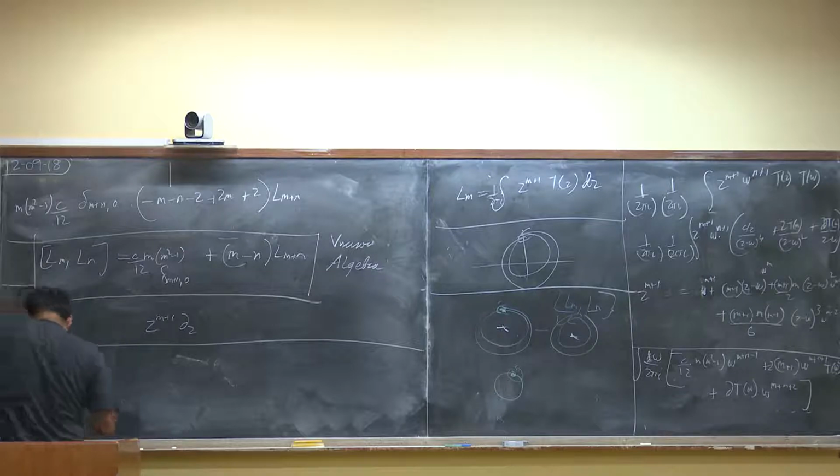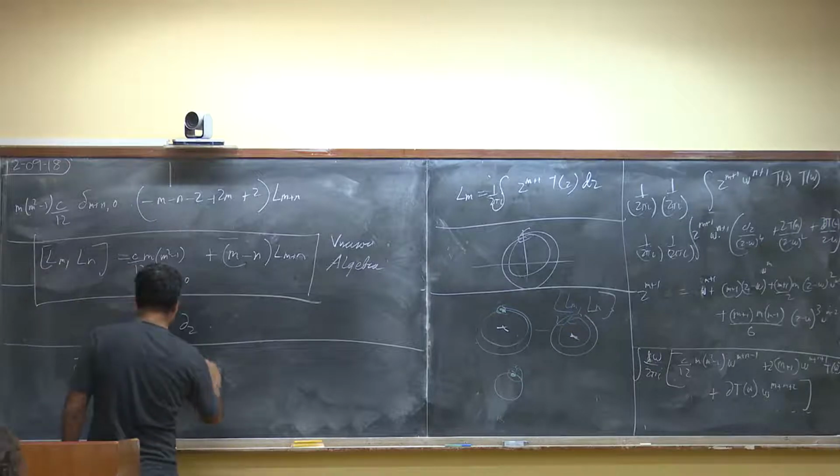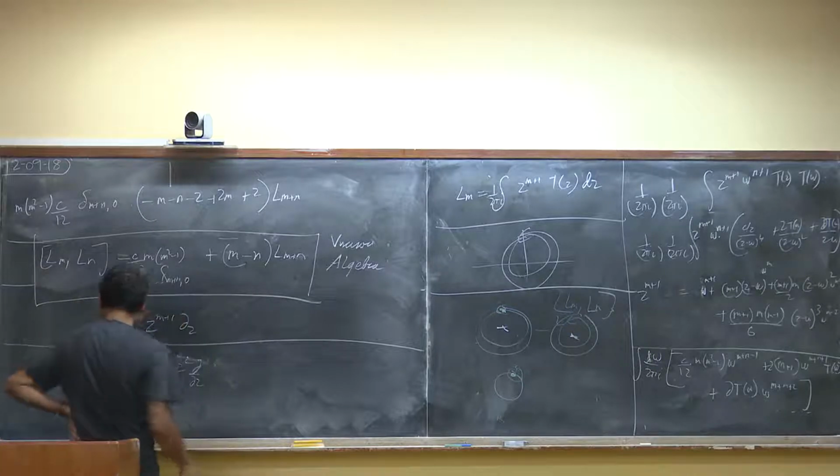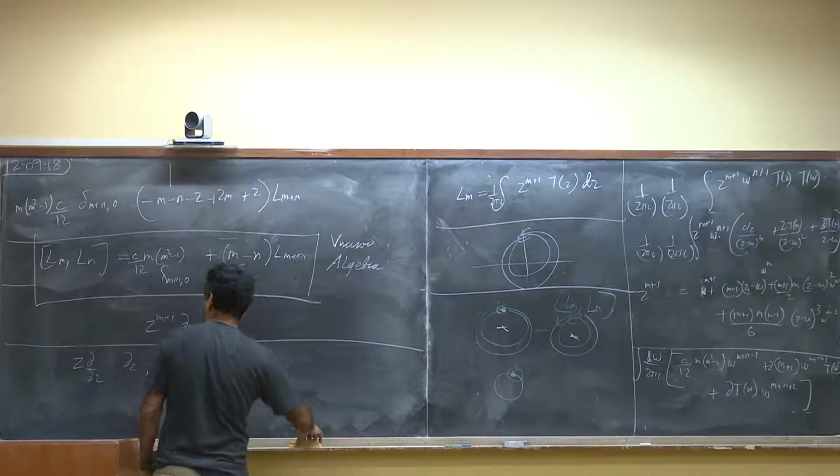Which ones did I want? Just one second. I wanted z, and z squared. And this is plus minus 1 and 0.